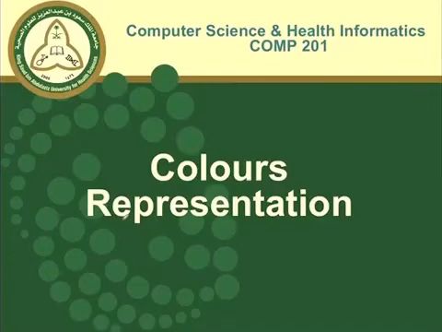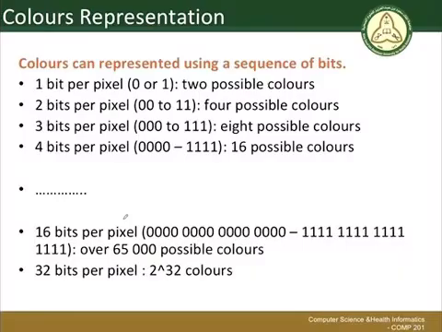Let's talk now about color representation. Colors are also represented using a sequence of bits. With one bit, we can represent two colors. With one bit, we have two possibilities, either 0 or 1, and that's why I will have two possible colors.